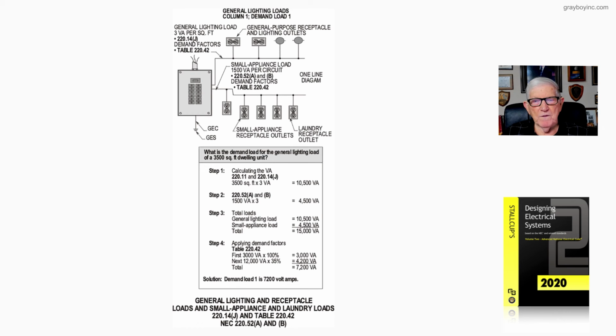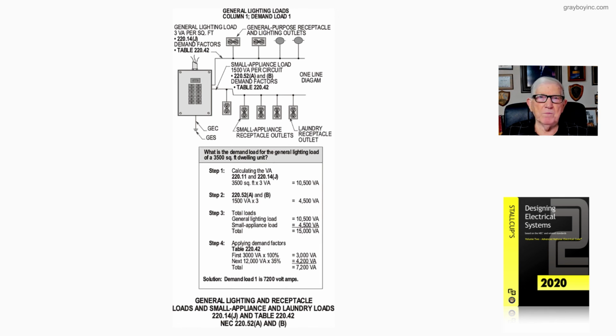And notice one thing. A demand is always less than 1. It's less than 100%. But diversity is over 1. It's over 100%, like 1.5, 2.5, and that kind of thing. But you have to go to the Electrical Engineering Handbook that McGraw-Hill puts out to obtain diversity.